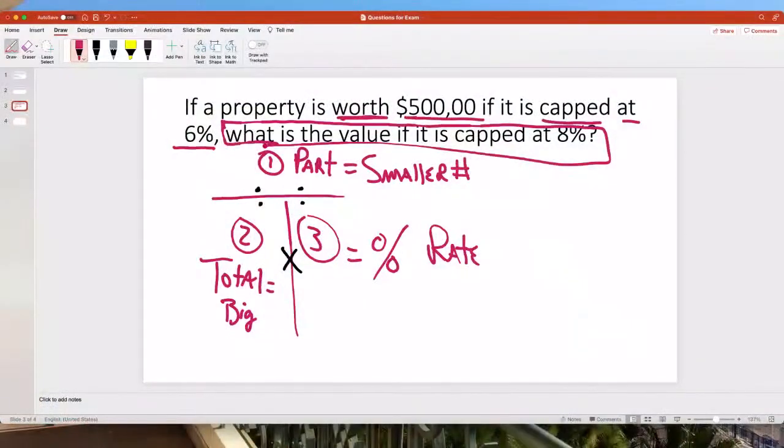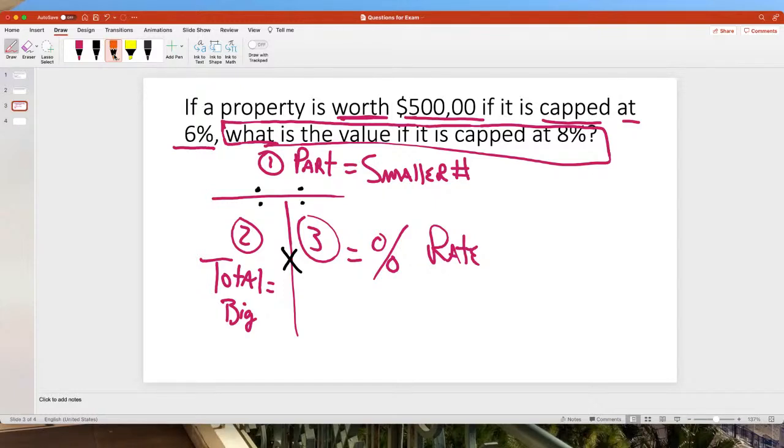So let's go back over here to our problem, and I'm going to see if I can pick a different color. Let's do orange, and let's make this a little smaller so that I can write inside here. So if a property is worth $500,000, if it's capped at 6%, what is the value if it's capped at 8%?